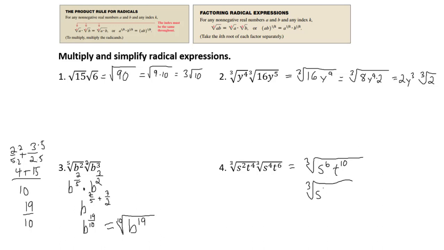So s to the 6 divides by 3 perfectly. T to the 9, and I'll put a t there because 9 and 1 would give us 10. So then this becomes s squared t to the third, and the cube root of t would be left on the inside. All right, let's look at some more examples.